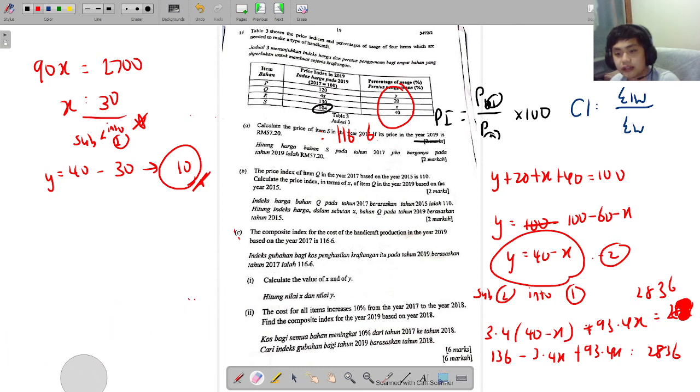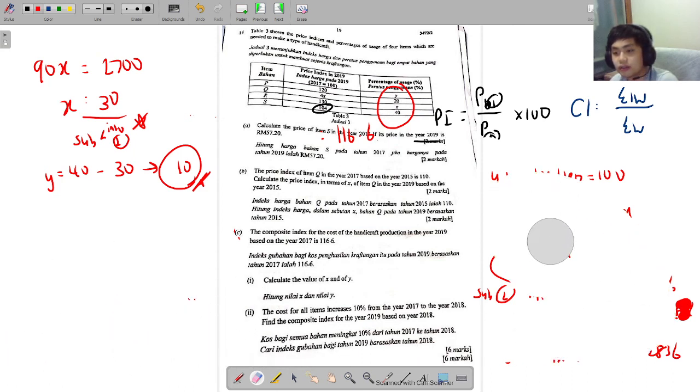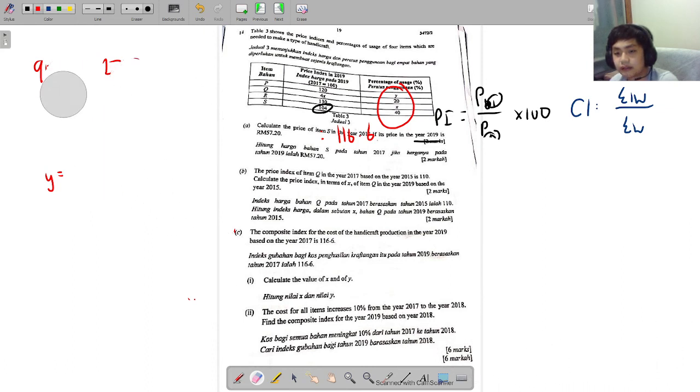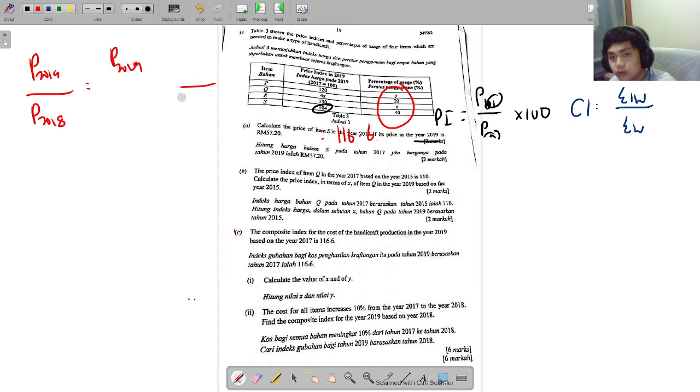Now the cost for all items increased from the year 2017 to the year 2018 by 10%. Find the composite index for 2019 based on 2018. Again, chain rule, 2019 here, 2018 here. So the connecting year will be 2017.